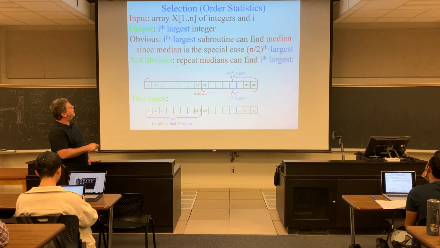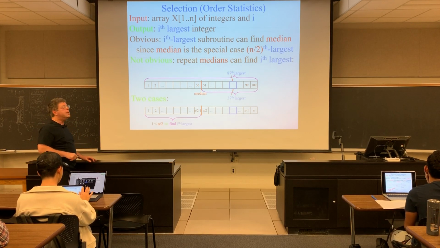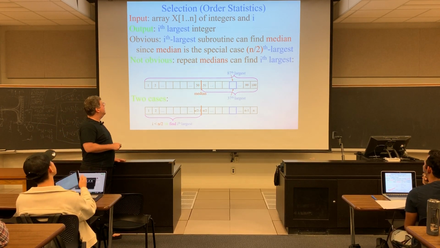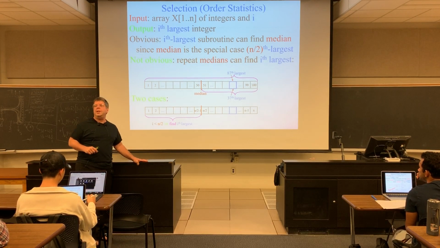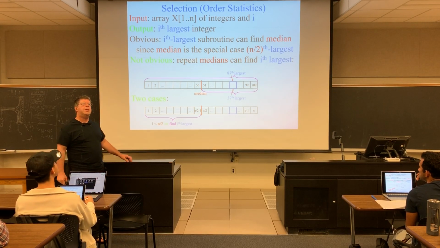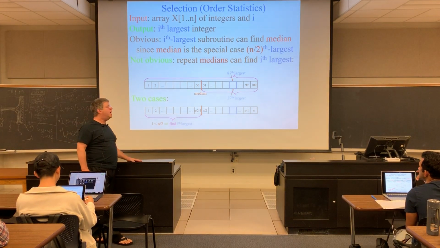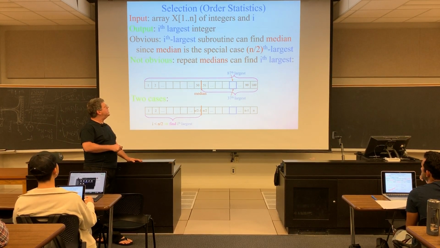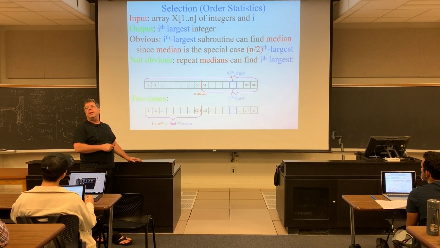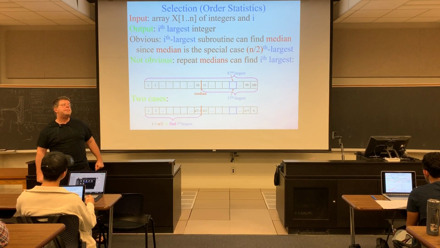For example, to find the 87th largest of 100 things, find the median first, then look at only things larger than the median. You can partition into two sets, larger and smaller than the median, in linear time. Then from the upper 50, to find the 87th largest of the original, you need to find the 37th largest from the upper 50. That's equivalent to the first goal.